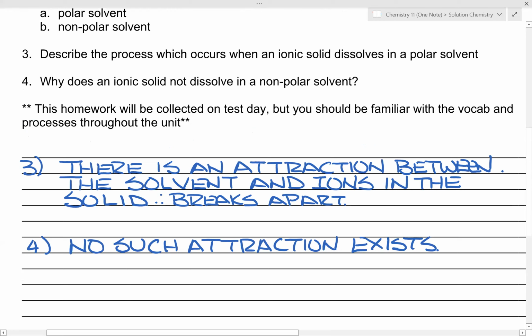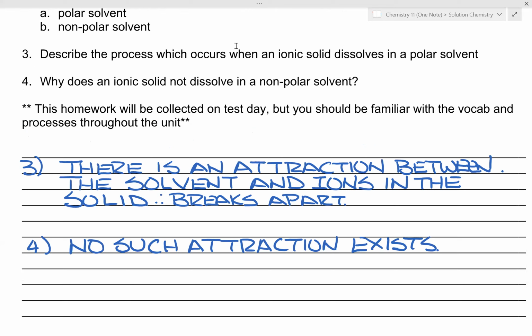Therefore, the attraction as well as just the collisions break apart the ionic solid. And why does an ionic solid not dissolve in a nonpolar solvent? Because no such attraction exists.